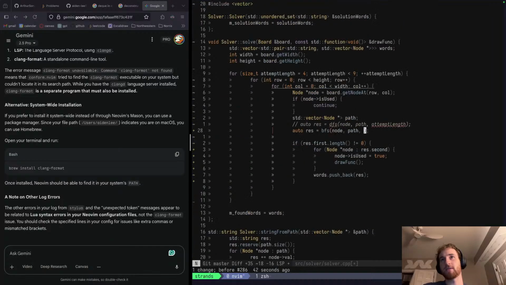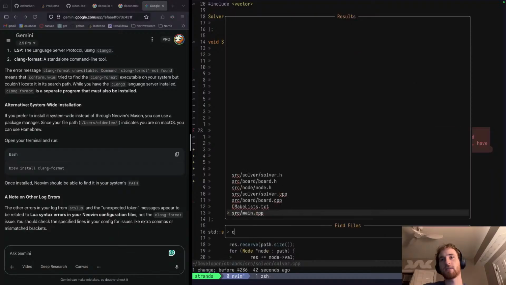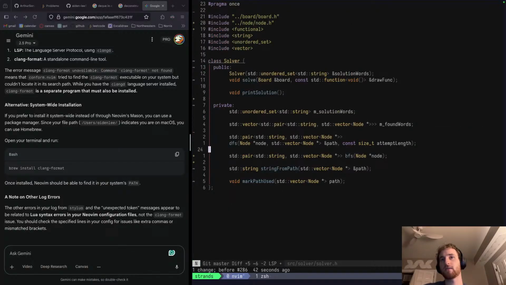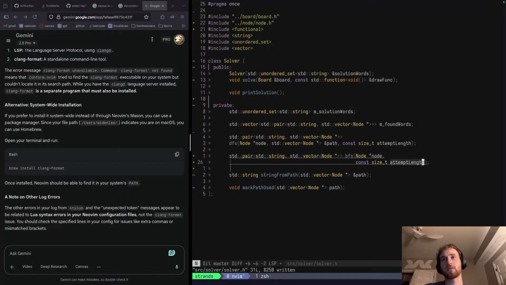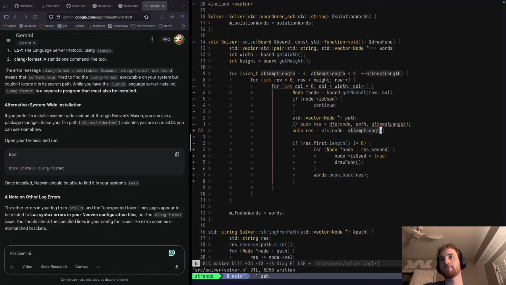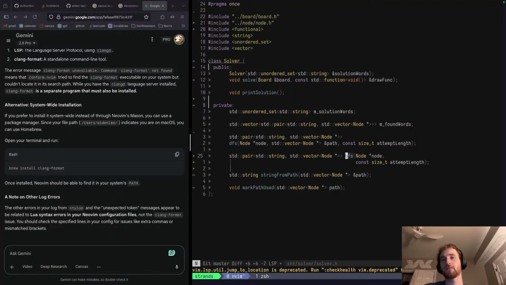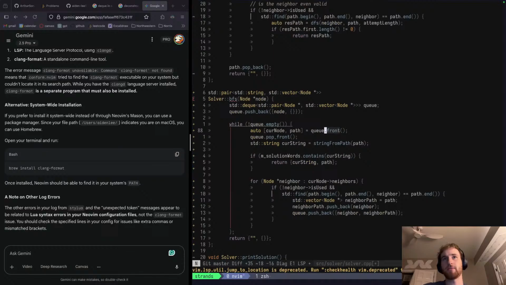Maybe it is time to include a temp length. Bring me to the bottom of the file.